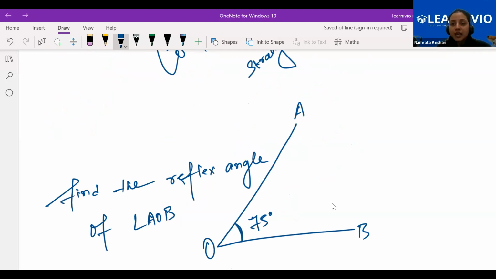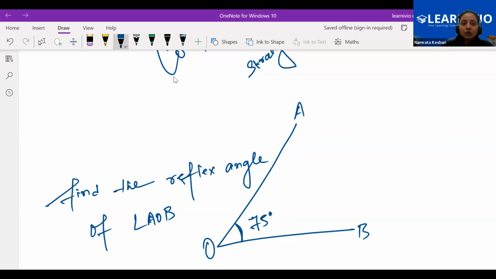What will be the reflex angle? 285 degrees. How did you get 285? I subtracted 75 from 360. Exactly.